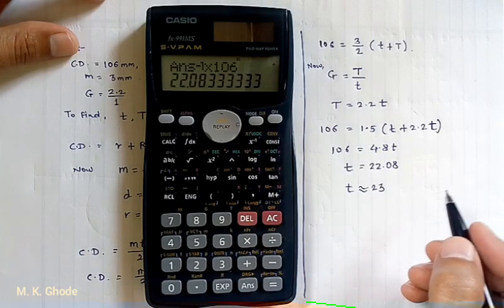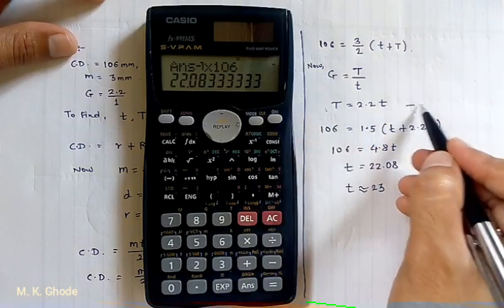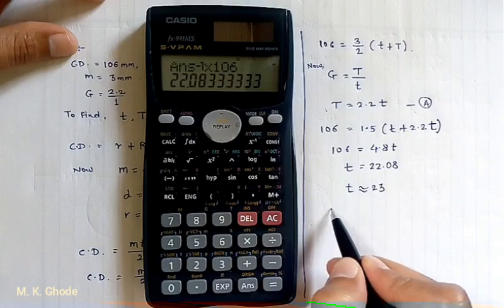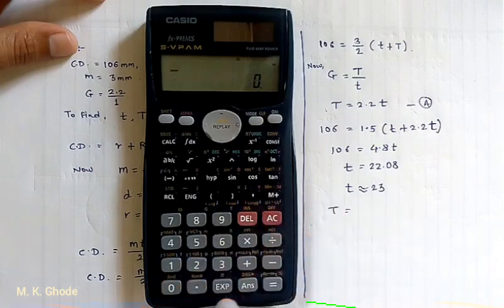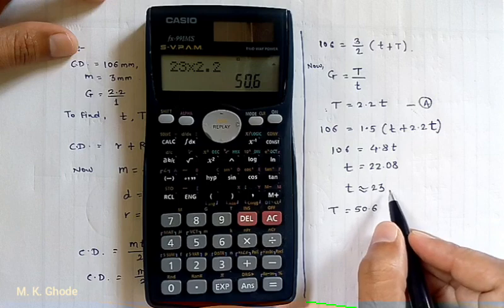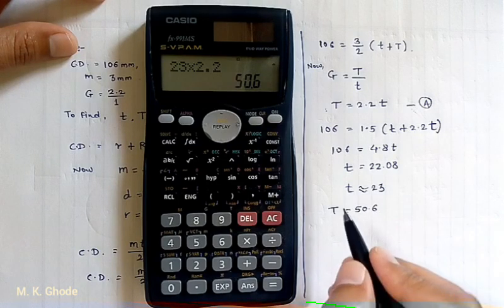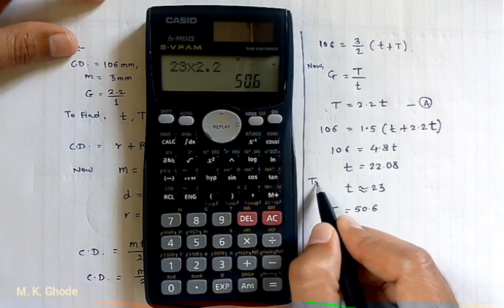So if small t is 23, then capital T from equation A will be 23 into 2.2, which is 50.6. It is not possible to have 50.6. So this will be our trial 1.